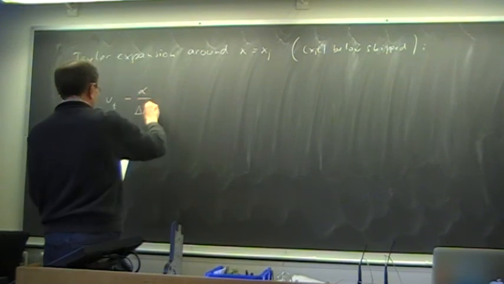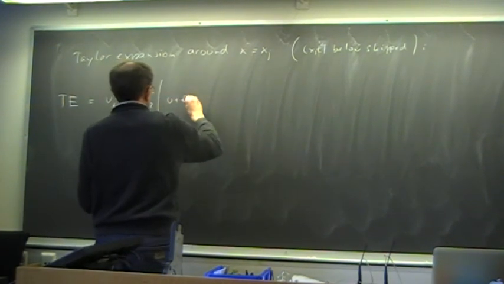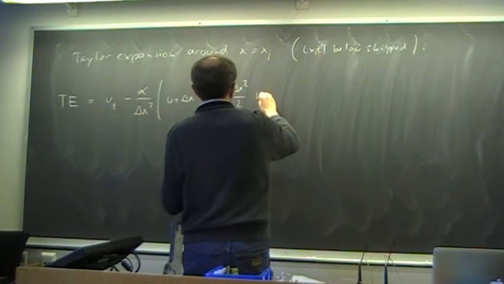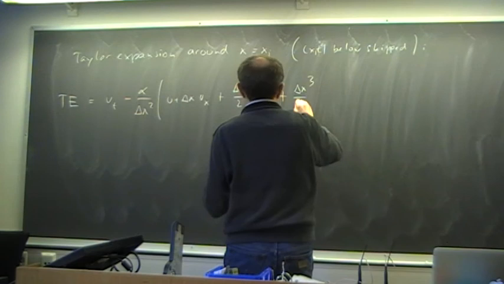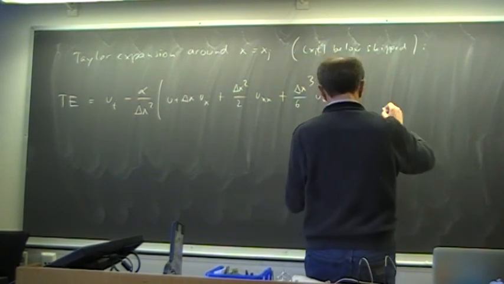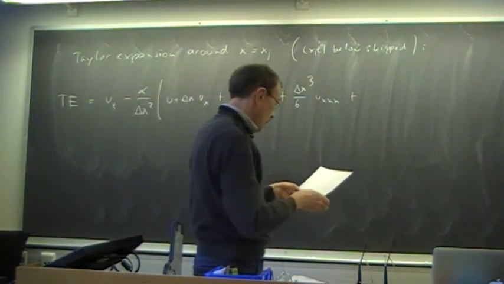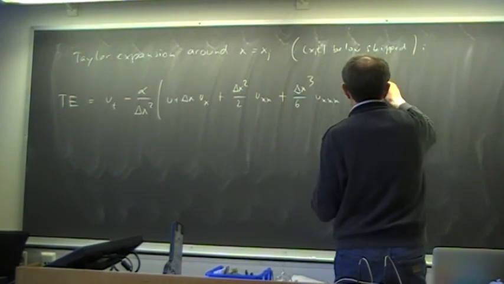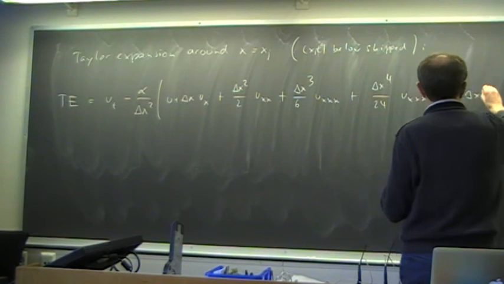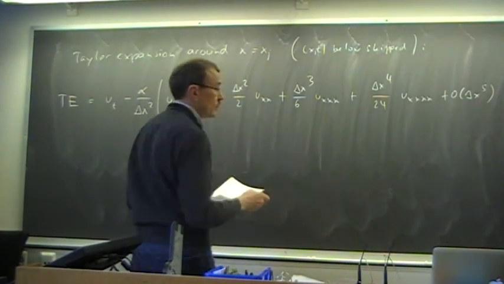Then we have alpha over delta x squared, and now we have the u of x plus delta x: u plus delta x u_x plus delta x squared over 2 u_xx. We do the Taylor expansion quite far, because we need the next terms: delta x to the power 4 over 24 times the fourth derivative, plus order delta x to the power 5.